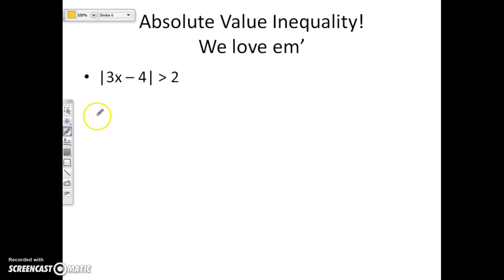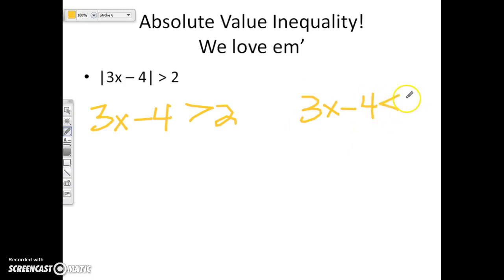So to reflect that, what we do is we drop the absolute value bars and keep one exactly as written. Then we also write another one. However, we flip the operator and change the sign.